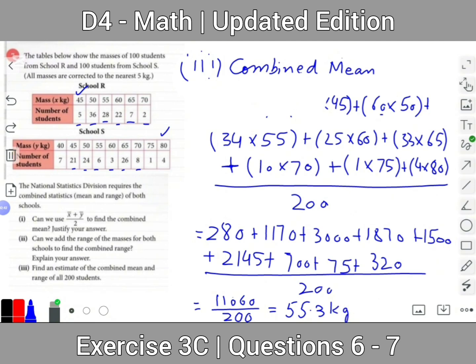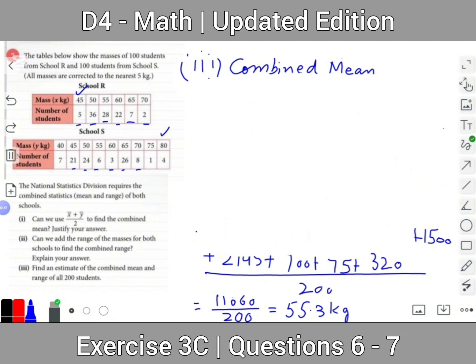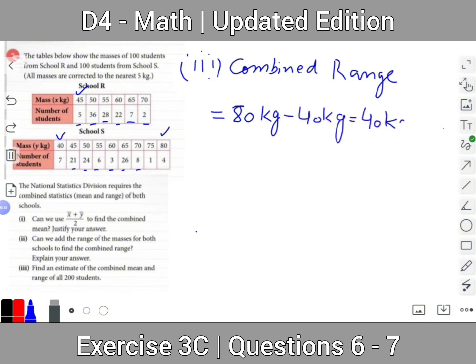Now to find out the combined range, we'll find out the combined range by taking the highest value, and that is present in the school S table, and that is 80 kg. Now we have to find out the smallest value, and that is also present in school S table, and that is 40 kg. So the combined range is equals to 40 kg.